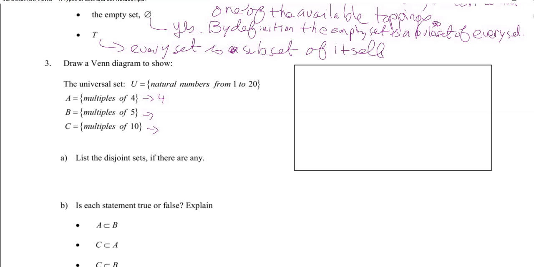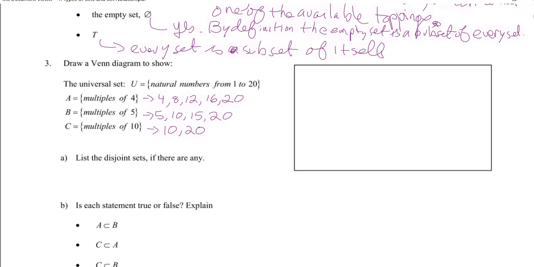Okay, so do your multiples of 4. Do your multiples of 5. And then do your multiples of 10. Because we're going to want to ask ourselves, does a number, now remember, every number from 1 to 20 can only be written once.